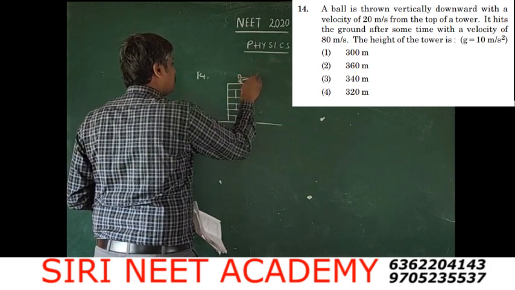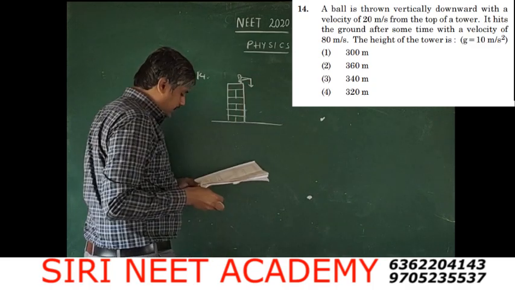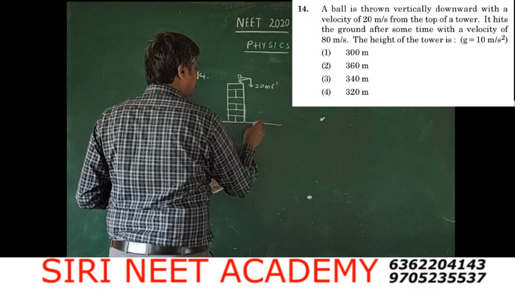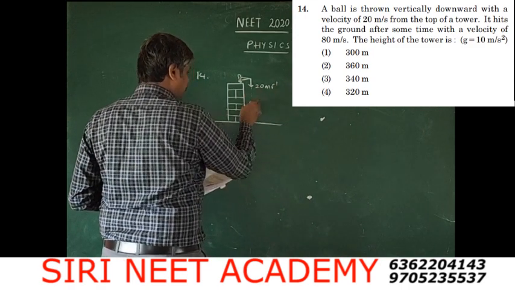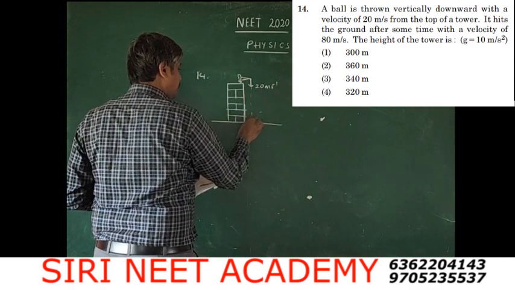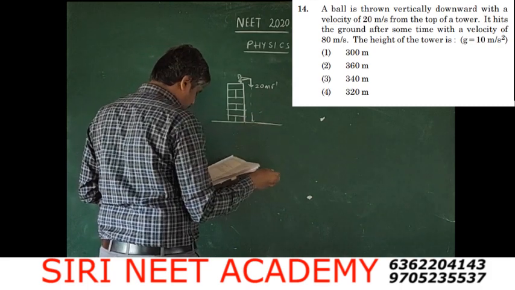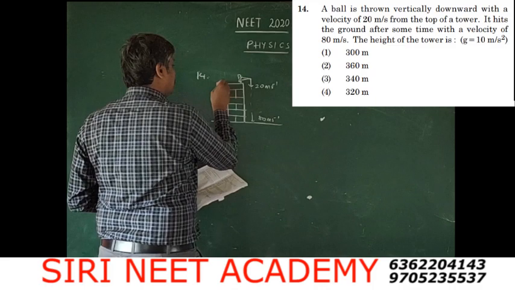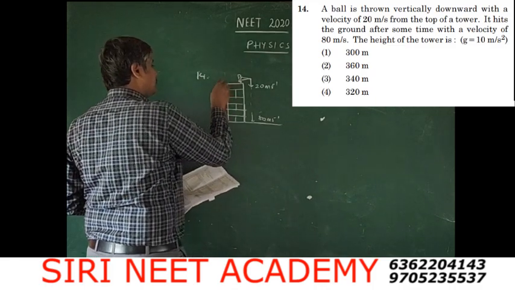And if a person throws it downwards with 20 meters per second and it reaches the ground with a velocity of 80 meters per second, then what is the height of this tower?